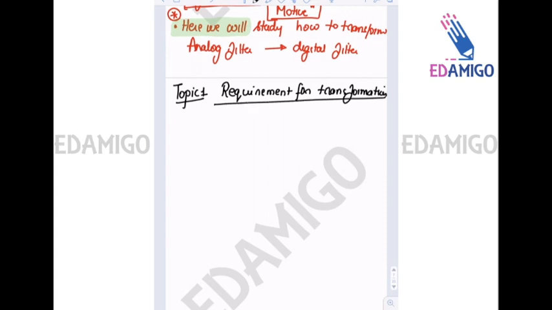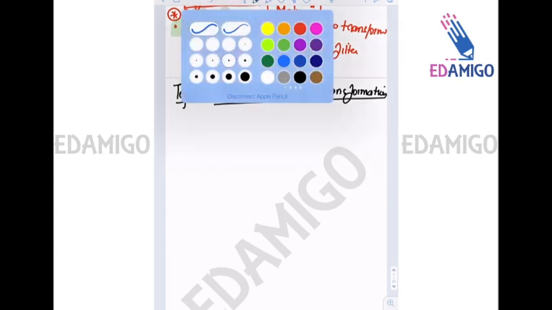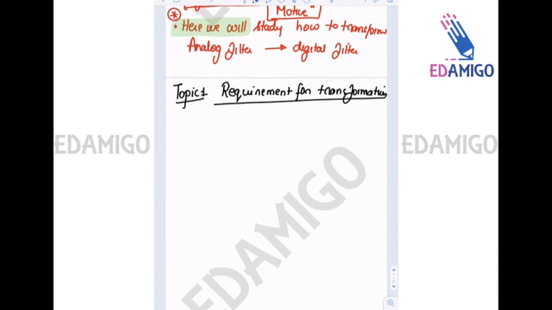Now, what will be given to us is the analog filter, and always the analog filter will be given in the transfer function format. The transfer function of the analog filter is H(s) = Y(s)/X(s), given in the format summation k equals 0 to M of d_k s to the power k, divided by summation k equals 0 to N of a_k s to the power k.